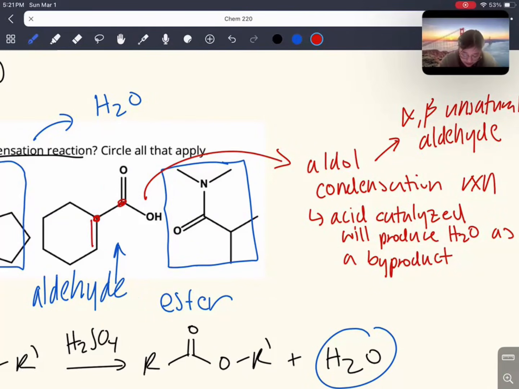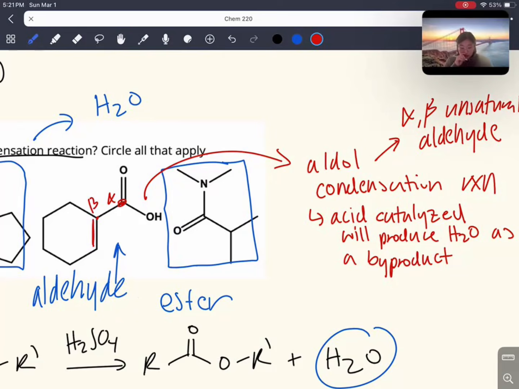So if this is your alpha carbon, we call the carbon that is bonded to the oxygen, your carbonyl carbon, the alpha carbon, and then the next carbon over would be your beta carbon. And so there needs to be a double bond over there.